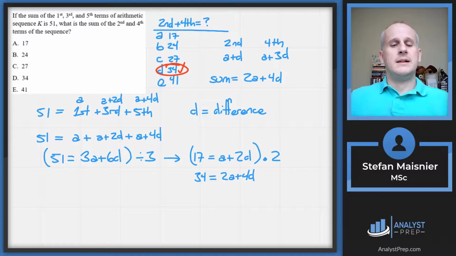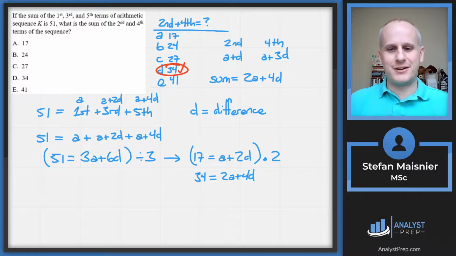Now, you may be thinking to yourself, why don't I just solve for everything? Well, the catch here is I actually can't solve for everything. Now, I do know that the median and average here are going to be the same.